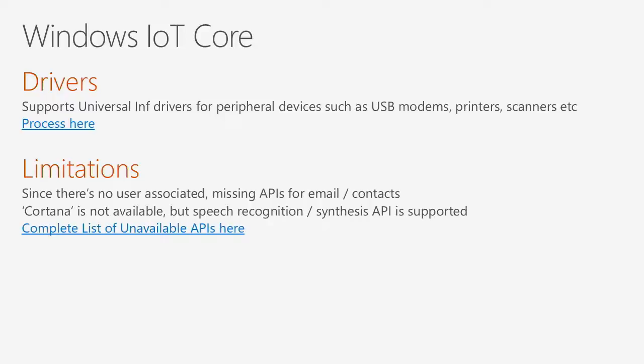And the limitation for IoT Core is that there's no user associated with it, so you don't get APIs like email, SMS messages, and Cortana because there's no shell. But because it is UWP, you can do stuff like speech recognition and speech synthesis, and these ones are kind of offline.